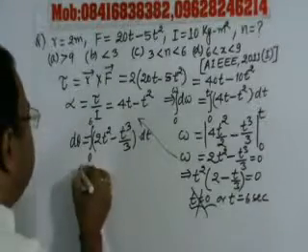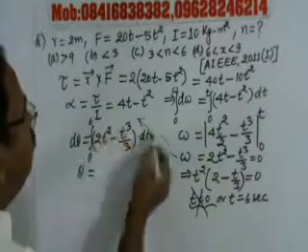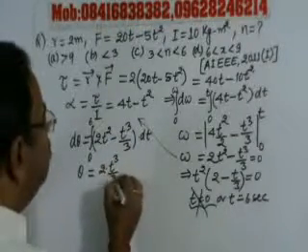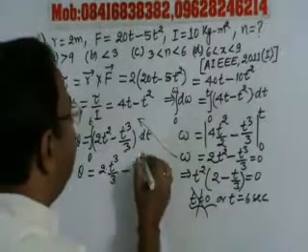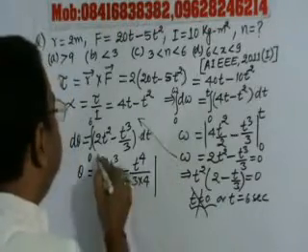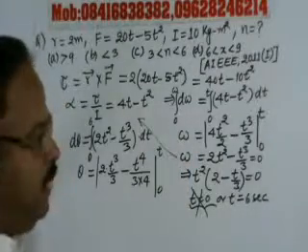So theta is equal to the integral of 2t square dt, which is 2t cube by 3, minus the integral of t cube by 3, which is t to the power 4 by 3 into 4, with lower limit 0 and upper limit 6.